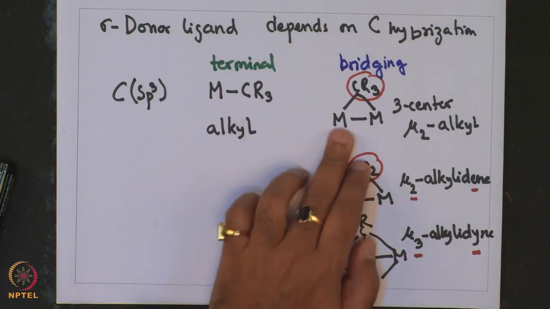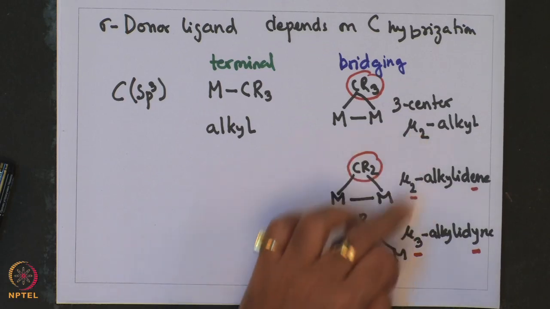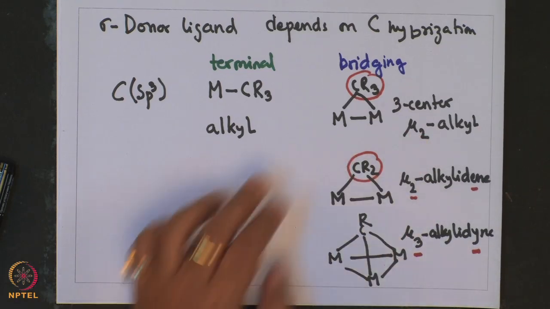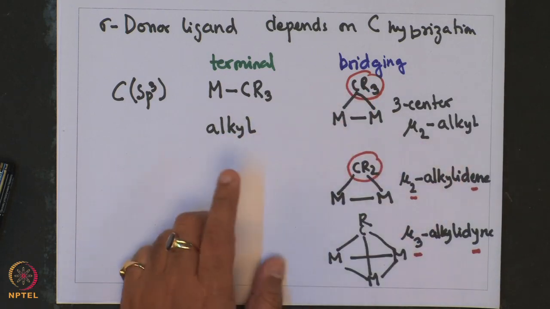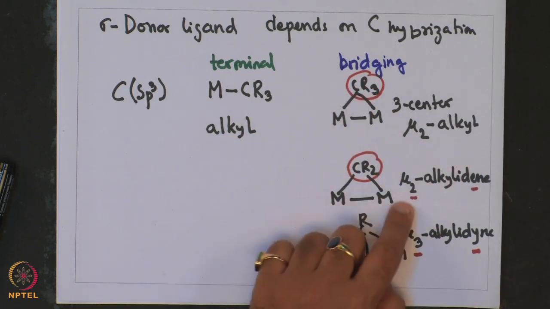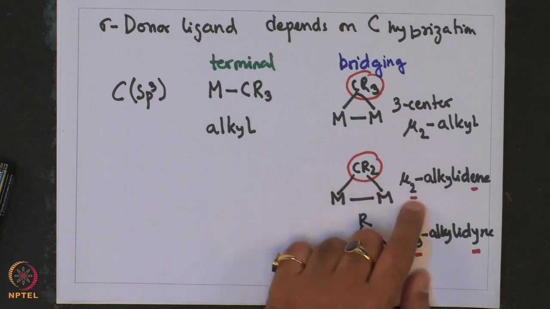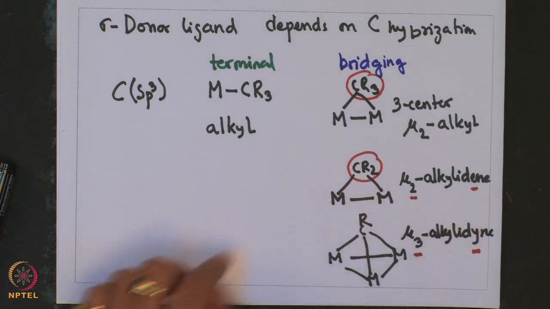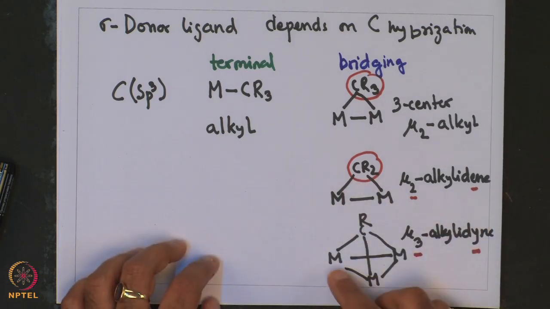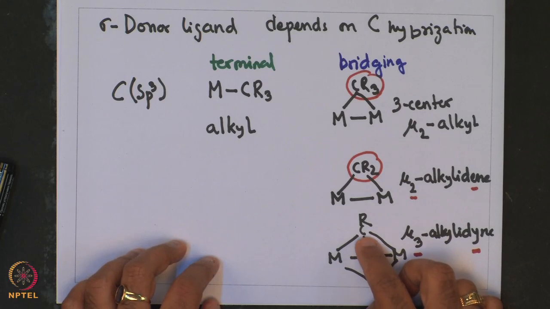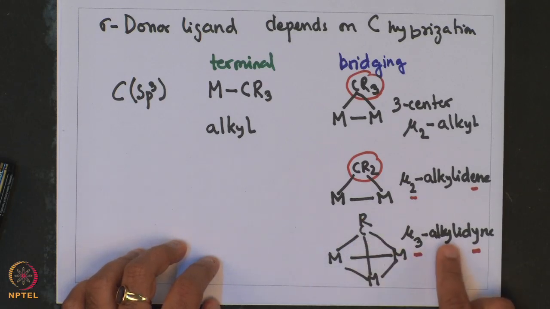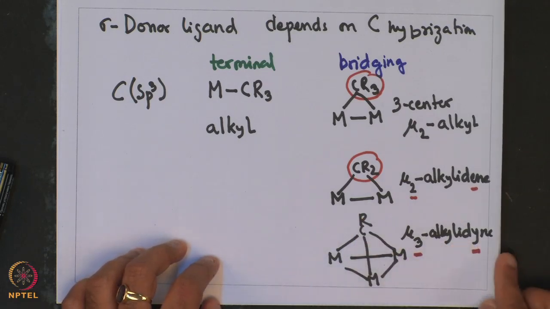When it is bound to two metal centers, it is called mu 2 alkyl. It can bind to two metal centers as CR2, called mu 2 alkylidene, and when it is bound to 3 metal centers, it is called mu 3, and since CR is being bound, it is called mu 3 alkylidyne.